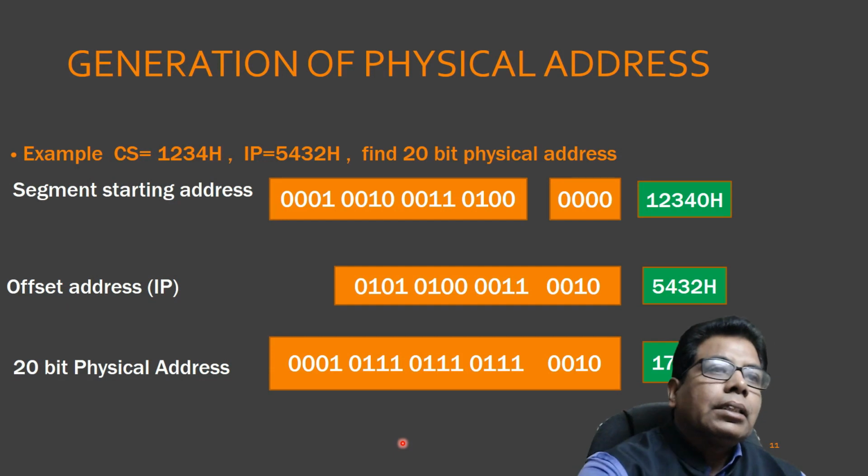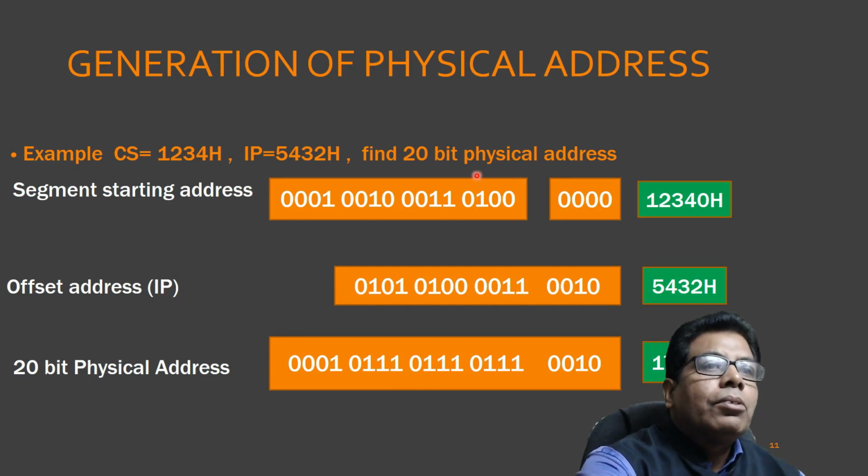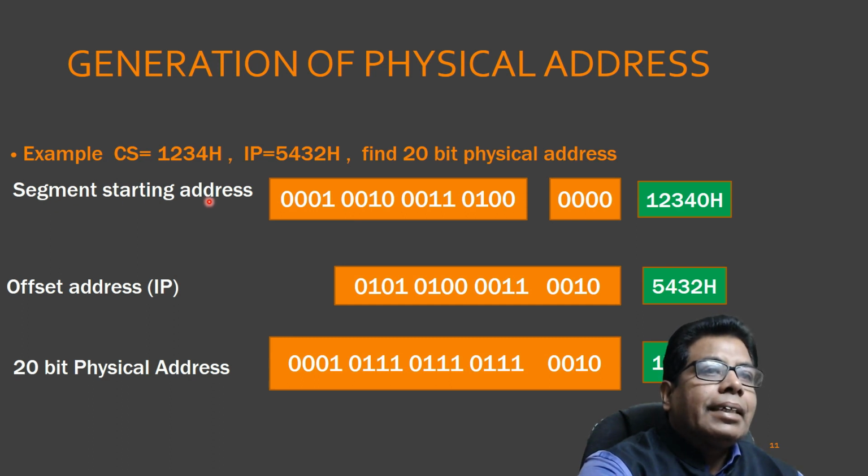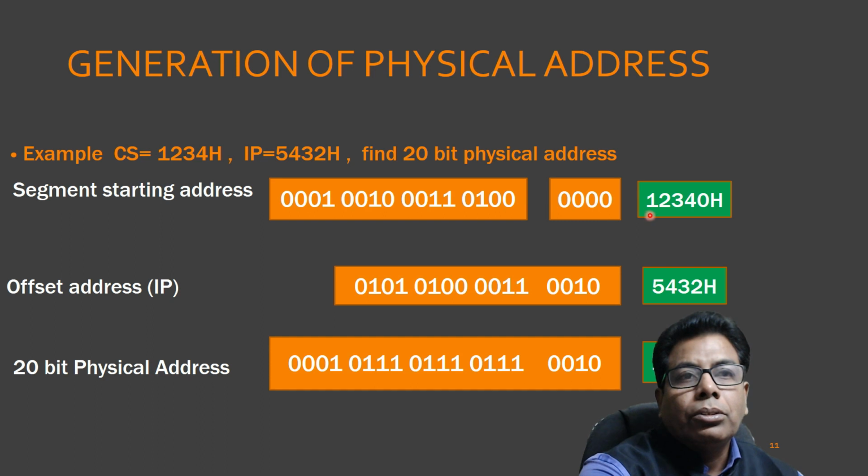Here again, this is shown with the help of a figure. Here the segment starting address is given. So that is 1234H. 1234, and then it is appended with 4 zeros. So 12340H.